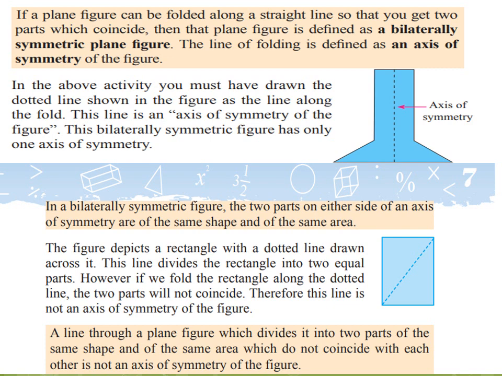If a plane figure can be folded along a straight line so you get two equal parts which coincide, I told you that if a figure is folded along the dotted line and it gets two parts which coincide, then that plane figure is defined as a bilateral symmetric plane figure.